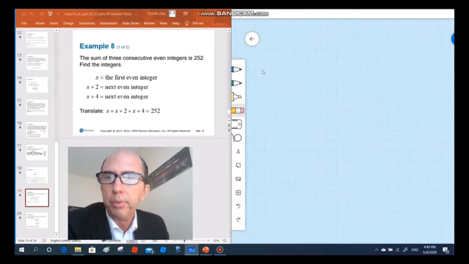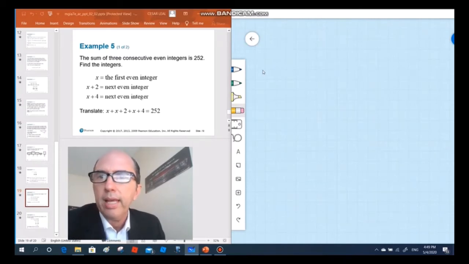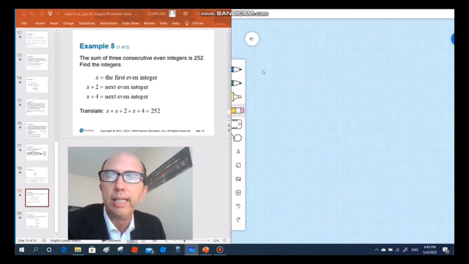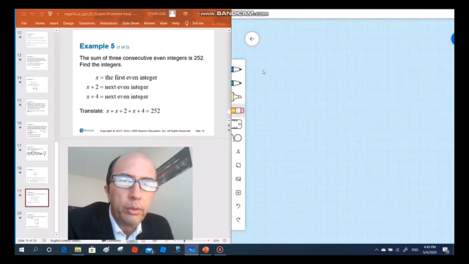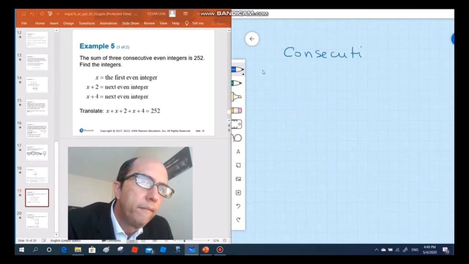Now our last example, number 5. The sum of 3 consecutive even integers is 252. Find the integers. If we have consecutive even integers, what do you know about this? Consecutive, even, and integers.